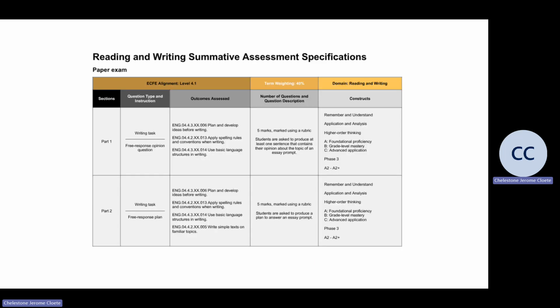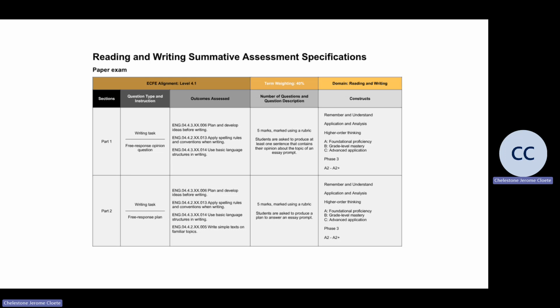And then the outlay of part 1, part 2, part 3, part 4 and 5 for your paper exam. The first part, like I said, is your free response option, your opinion question, which would be 5 marks. Students are asked to produce at least one sentence that contains their opinion about the topic of an easy prompt.